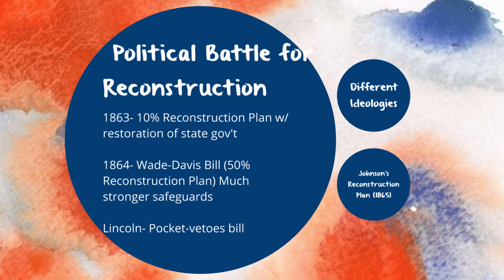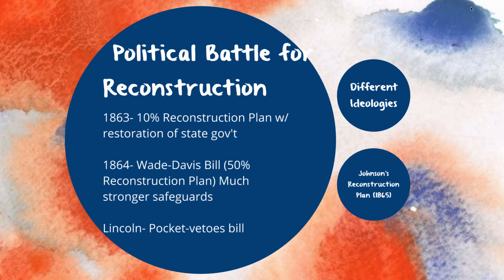So let's begin with Abraham Lincoln's plan for Reconstruction. This is his presidential plan in 1863. Obviously, this is still in the middle of the Civil War, the war is not over yet, so he wanted to come up with a plan to bring back the states, to restore them.